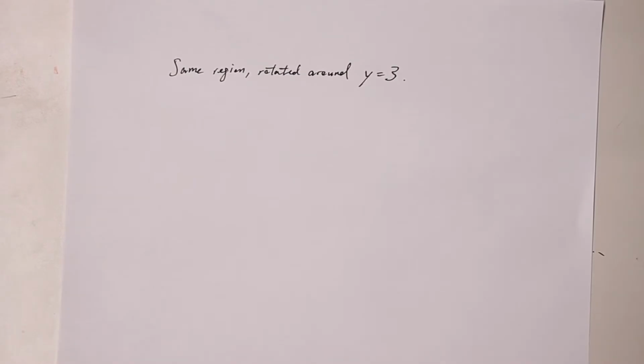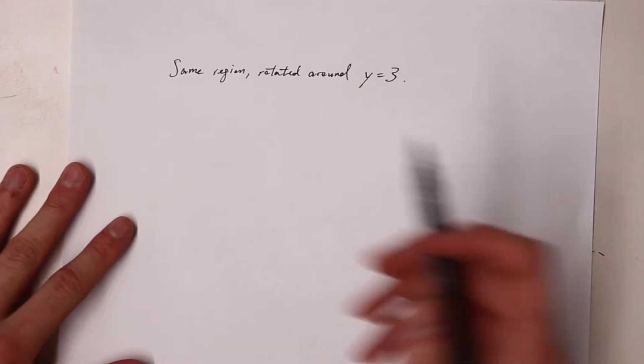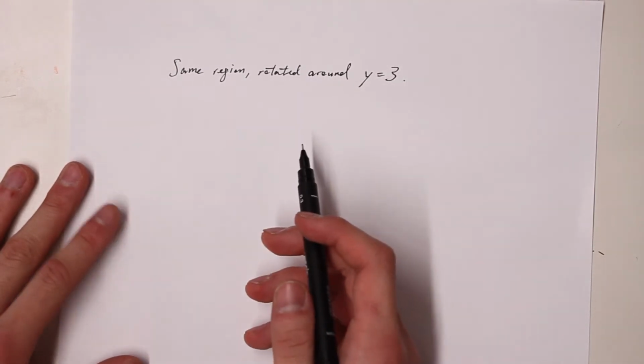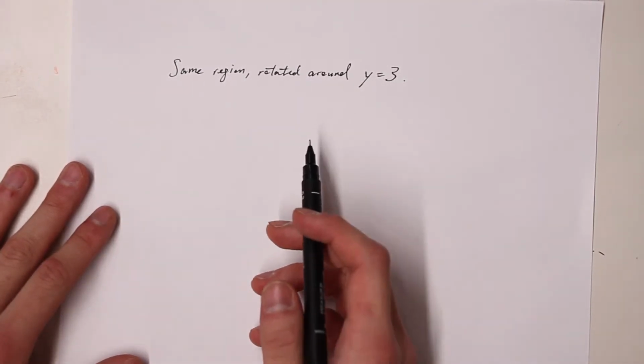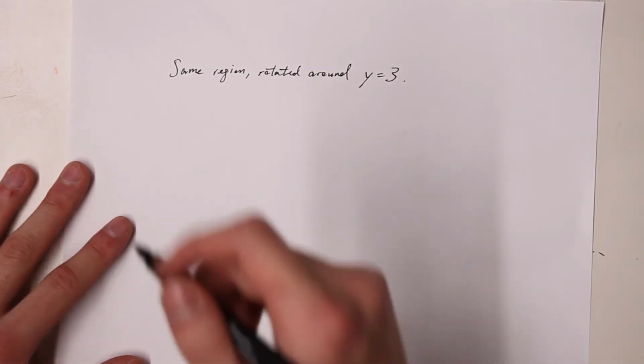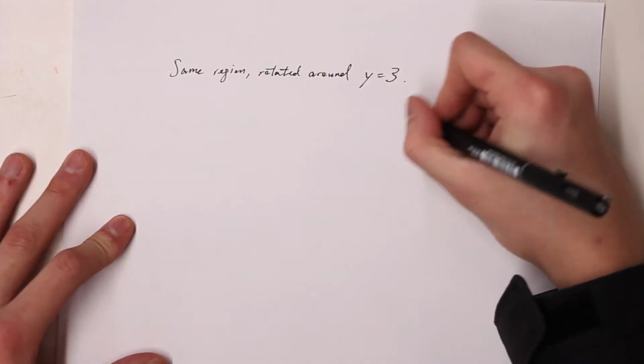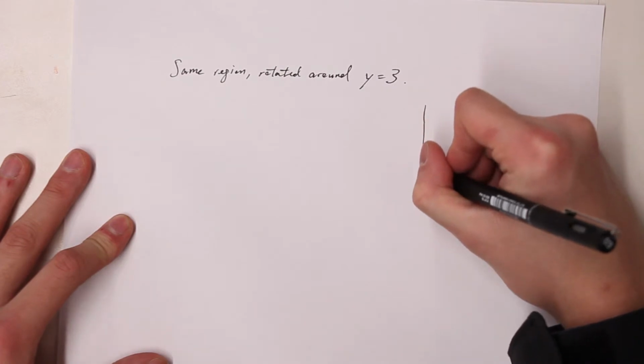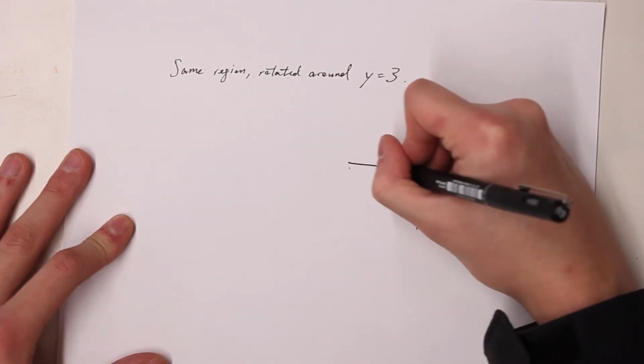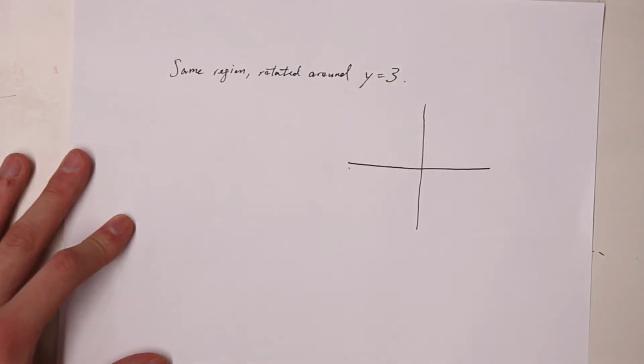What if the axis that you're rotating around is different? So this time we'll be changing the axis from y equals 0 to y equals 3. As you would want to do first, once again, you set up the x and y axis and sketch the graph, which we had from before.